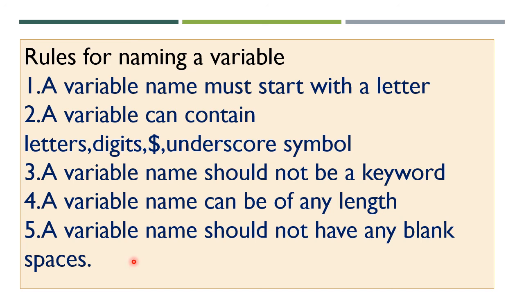So a variable name should not have any blank spaces, it should not be a keyword, it can be of any length, and it can consist of letters, digits, dollar and underscore symbol. You have to remember this while naming a variable. A variable name must start with a letter.